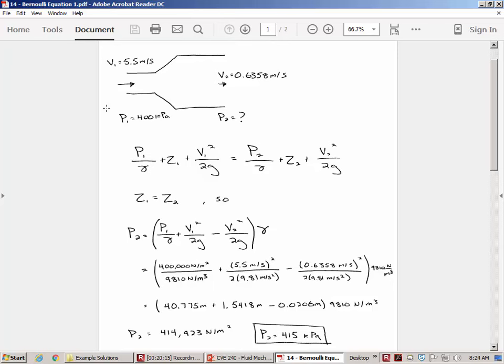It has to go into something. So if we're talking about the center line of the pipe, the elevation didn't change. The water is still flowing from center line to center line. So the extra energy that was in the velocity head got transferred into additional energy in the pressure head. So that's why the pressure went from 400 kPa to 415 kPa.